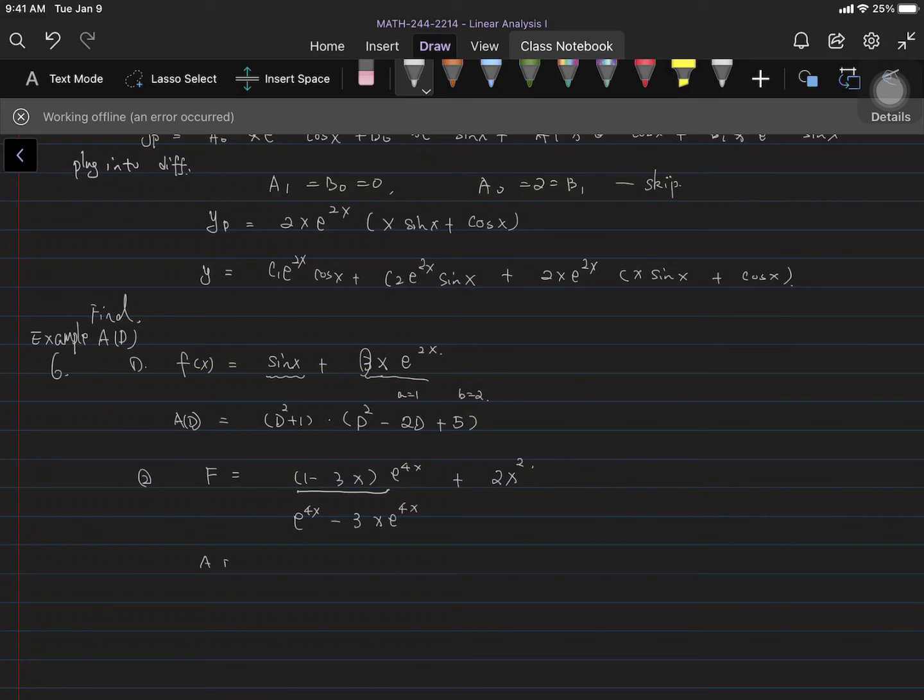The annihilator for both of them is going to be D minus 4, but because x here, we square it, this annihilates both of the functions. Next, what's the annihilator for x squared? Do you still remember? That means x squared times e to the 0x, so a is 0. In that case it's just D, but for x squared it's going to be D cubed.